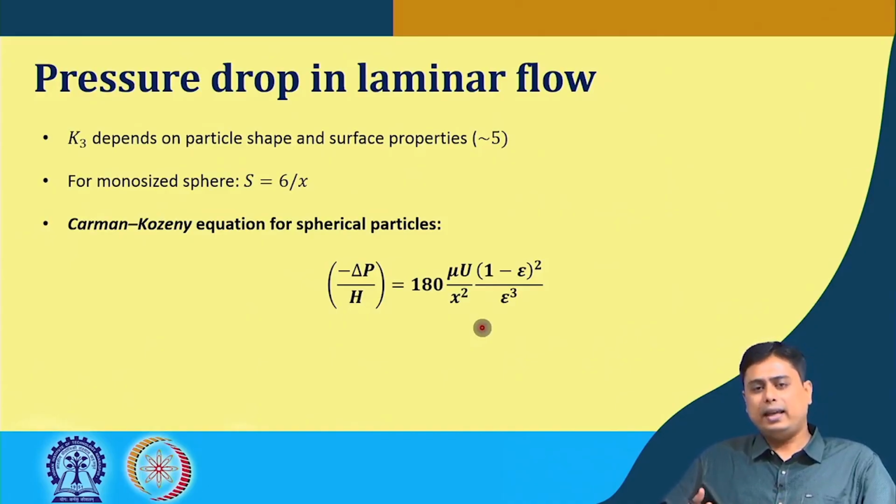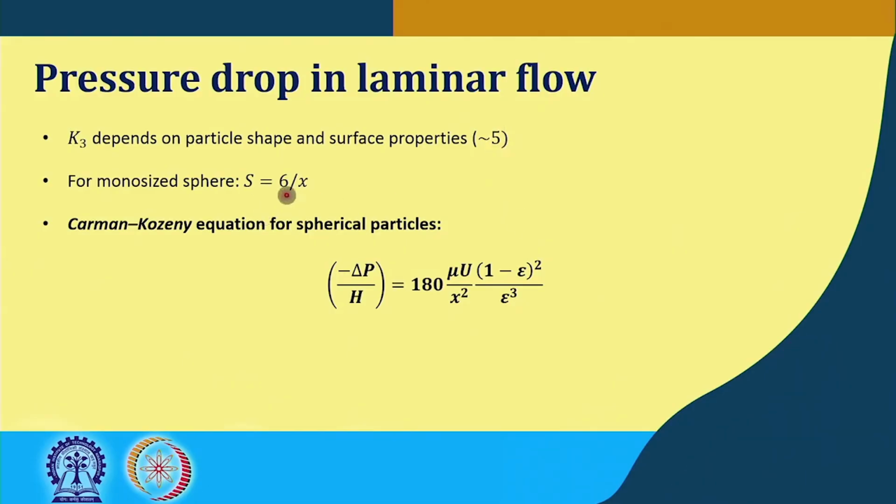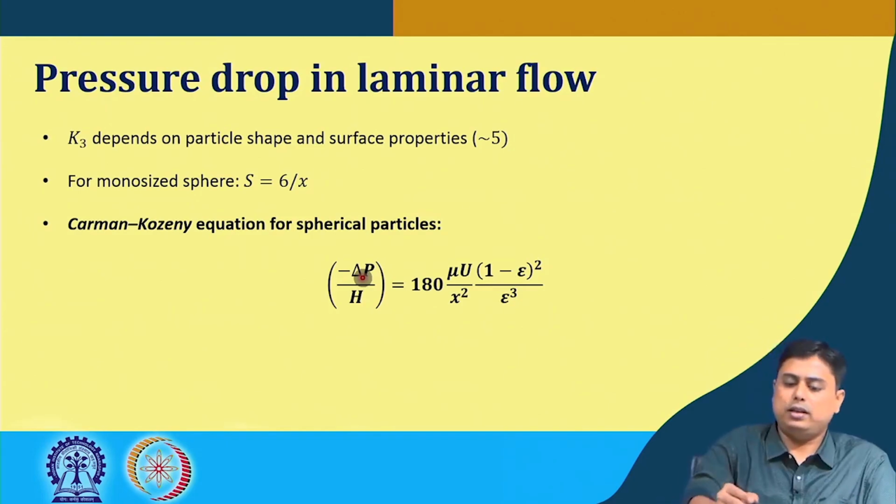So if you make a packed bed of those spheres of diameter x, of height h, then the del P across that packed bed will be this expression, because if we now put K3 value as 5 and SV, that was there, SV square is 6 by x, we get 180 multiplied by this factor mu u (1 minus epsilon) square by epsilon cube divided by the x square that is already there.